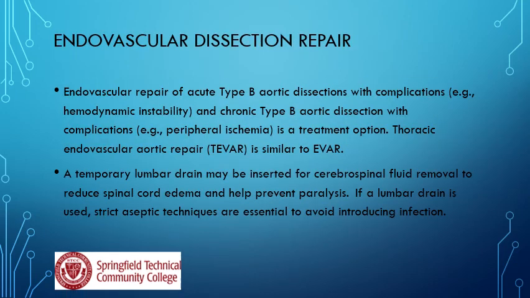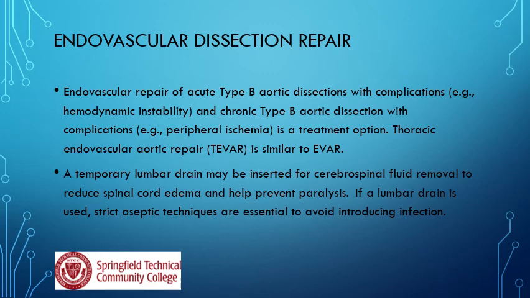For patients who have acute and chronic type B dissections with complications, they can be treated with thoracic endovascular aortic repair, which is the placement through the blood vessels. It's an endovascular repair. These doctors go through the groins and place a graft in that thoracic aorta to kind of bypass the dissection.